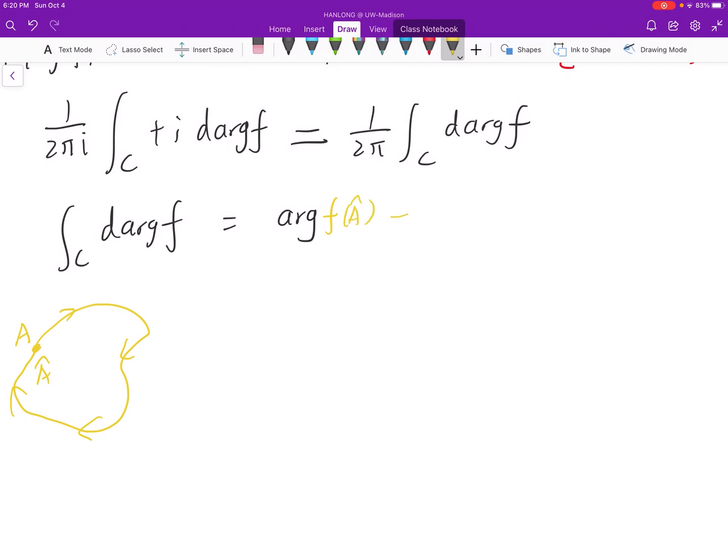So this will be argument f(A hat) minus argument f(A). So what's the meaning?